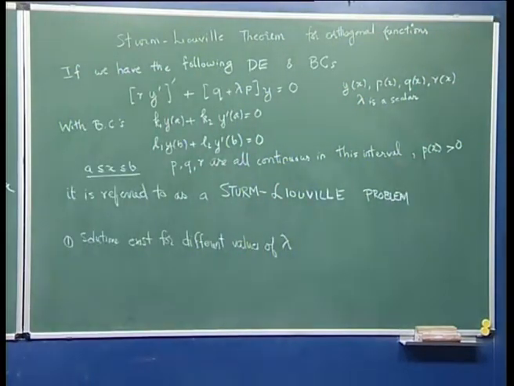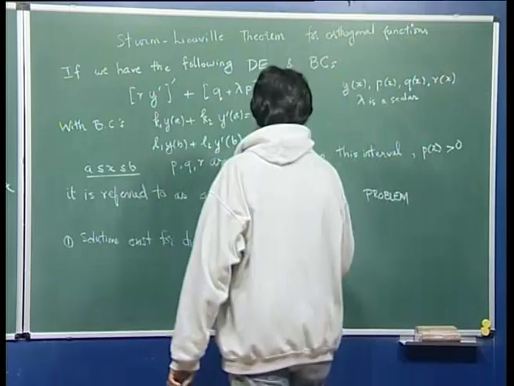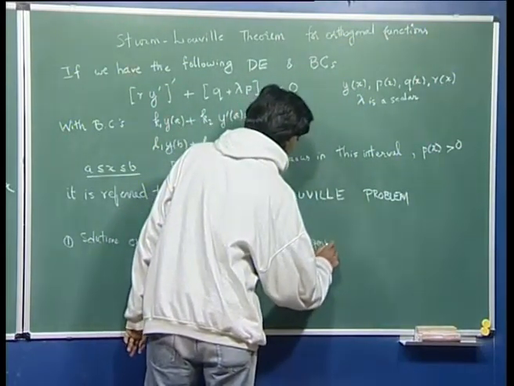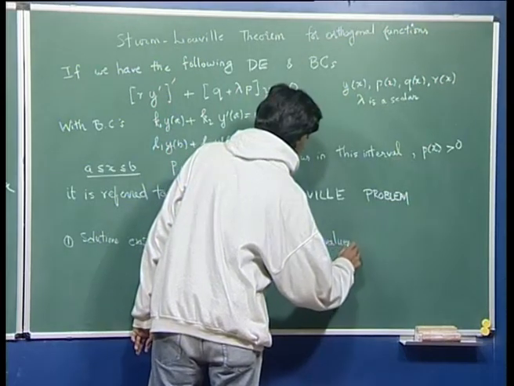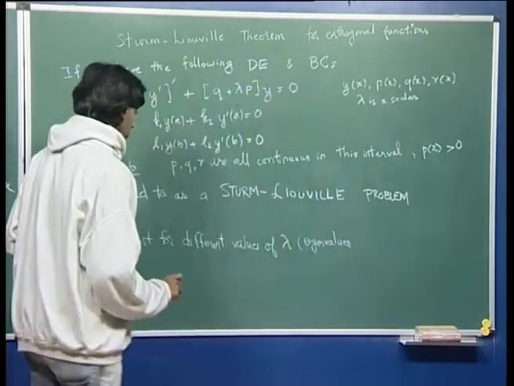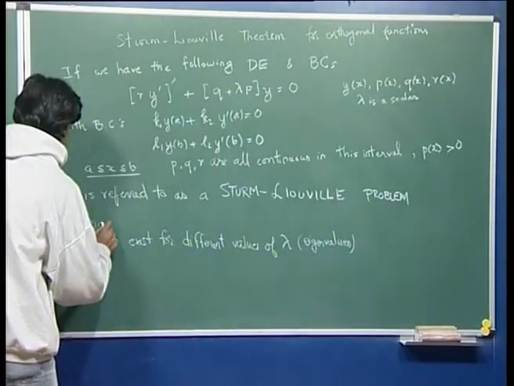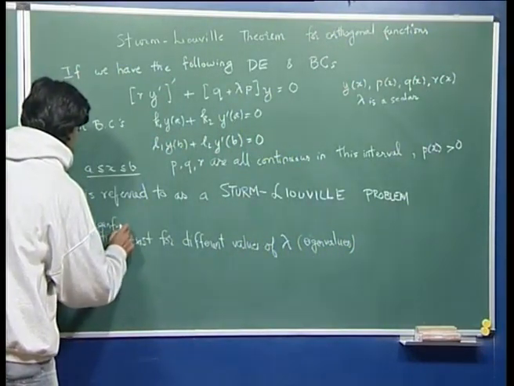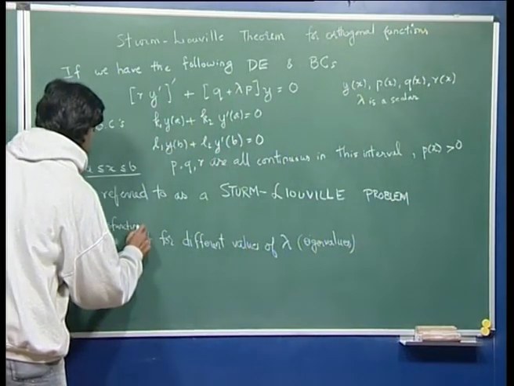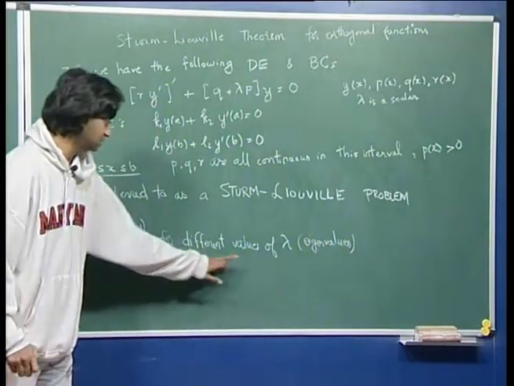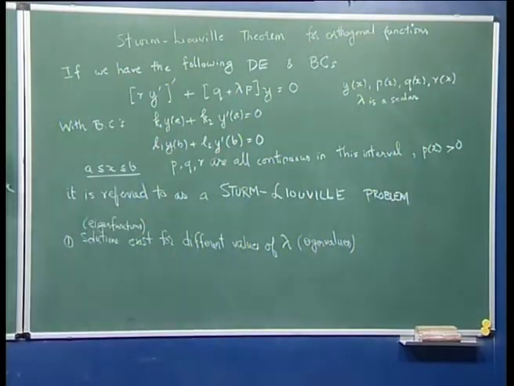So, the solutions exist for different values of lambda, and different values of lambda are called eigenvalues, and the solutions are called eigenfunctions. Okay.